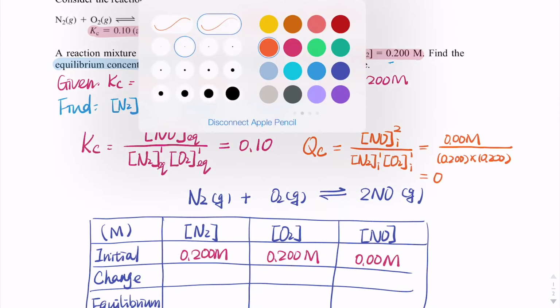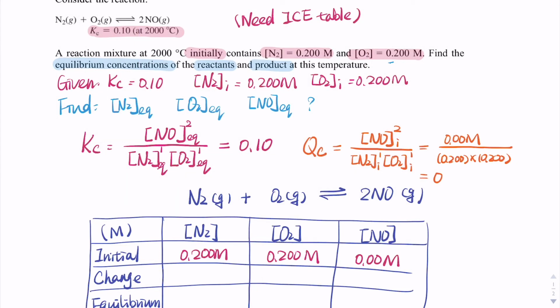Now what's the next step we need to do to figure out which direction the reaction goes? Yes, we need to compare Qc and Kc. Qc is 0, and Kc is given in the question as 0.1. So Qc is smaller than Kc, then the reaction goes in the forward direction and will produce product. And one more time, for Kc, the equilibrium constant, can you have a negative number?